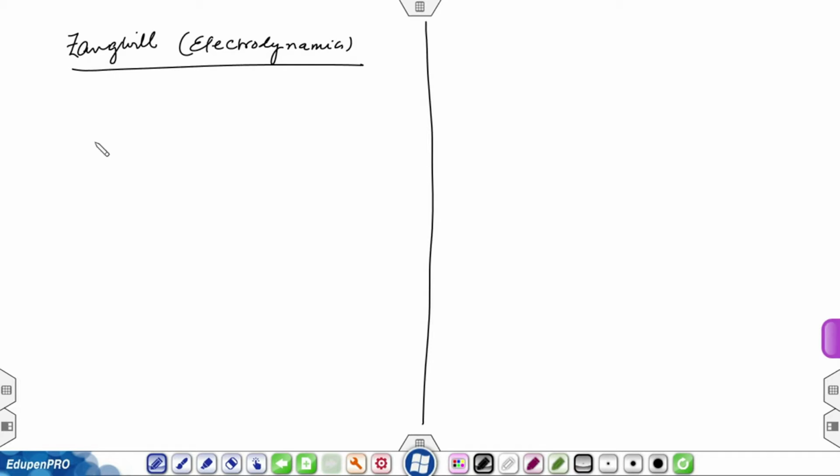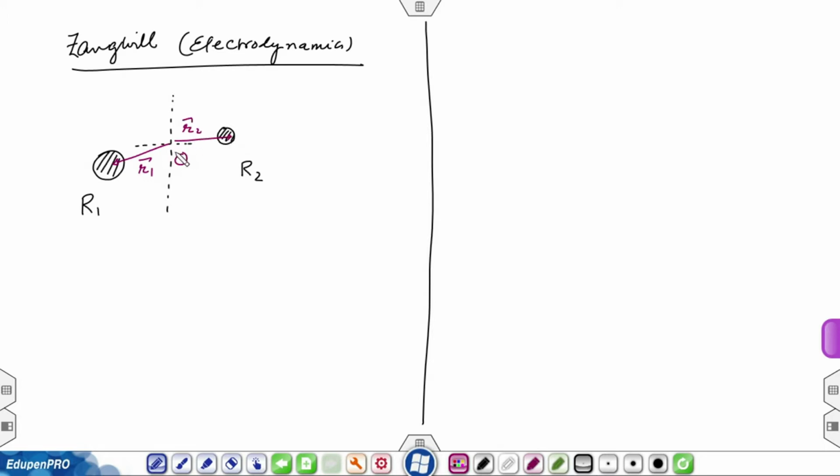Suppose there are two conductors, spherical, of radius r1 and radius r2, and they are at vectors r1 and r2 from the origin.